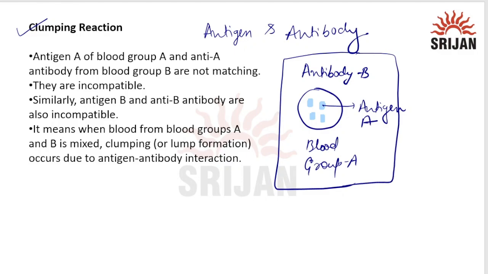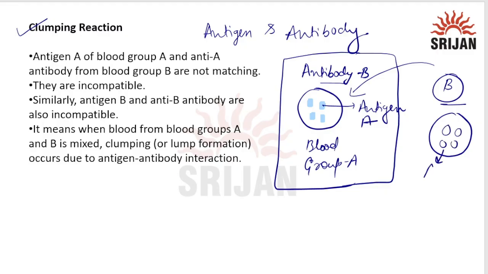This is the scenario. Now, this patient, or this person, needs some extra blood, and the donor of the blood, from whom you are taking the blood and transferring to this body, suppose has the blood group B. This blood group B person will have antigen B on the surface and antibody A in the plasma.